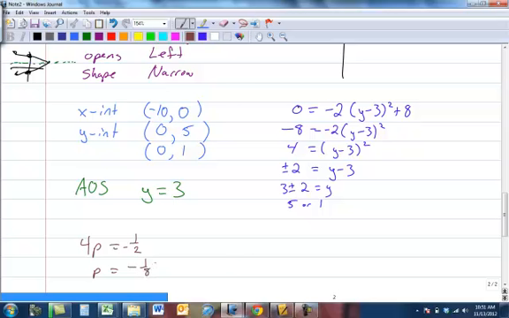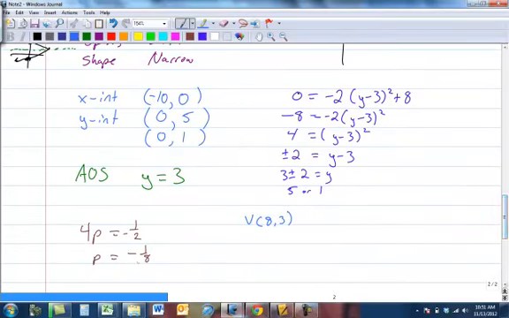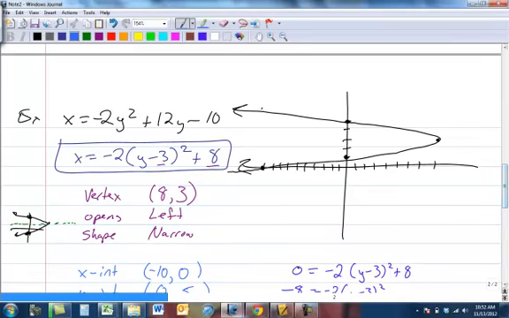Okay, so remember, our vertex is the point 8, 3. All right. Our focus is going to be 1/8 of a unit inside the parabola. So here's what's up. It's 1/8 of a unit inside of here. Here's our focus. Now, what changed?